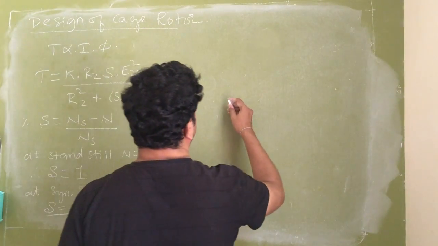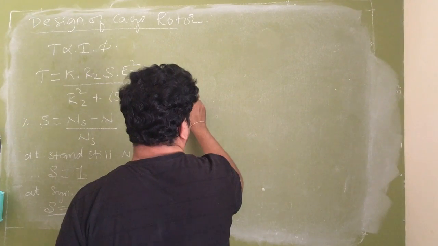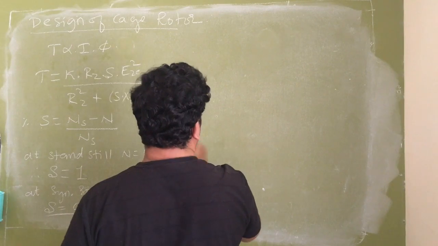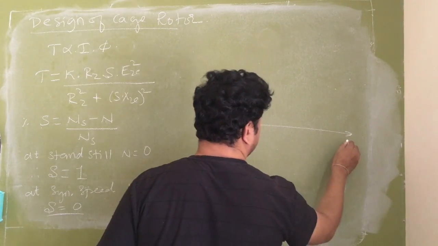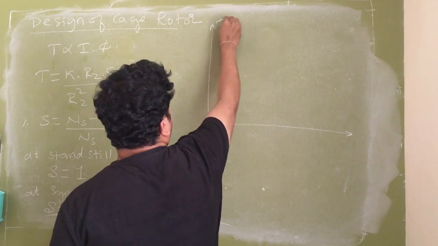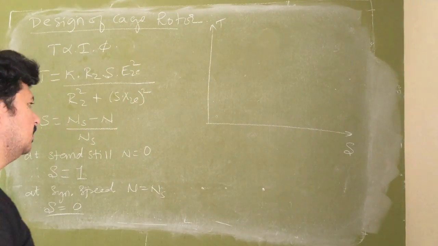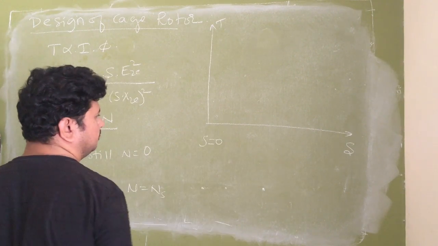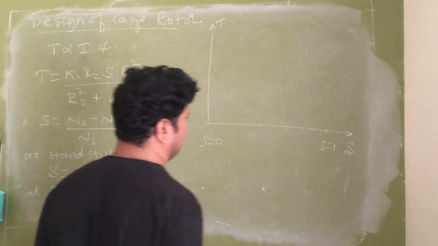Now let us take on the y-axis the torque, and on the x-axis let us take the slip. Let S be equal to 0 and let it be S equal to 1.